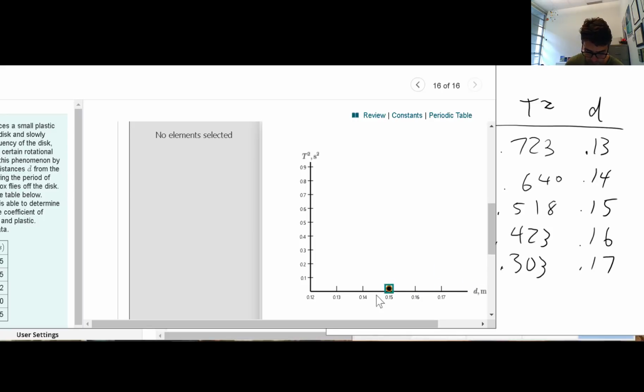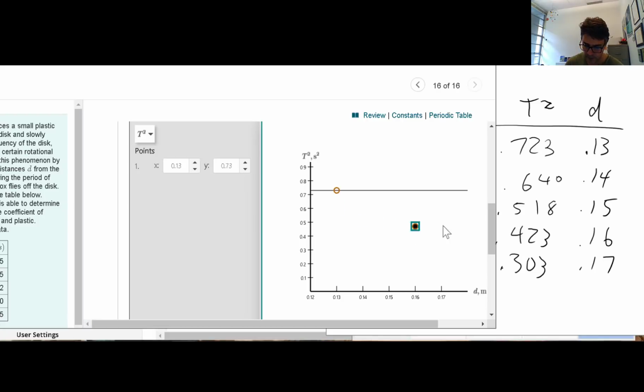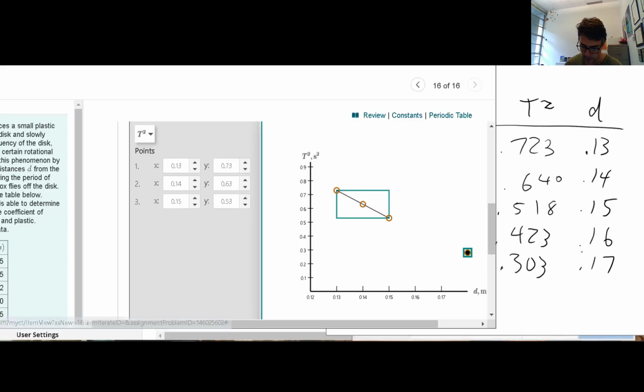So the first one, 0.13, goes up to 0.72, and then 0.14 is 0.64, 0.15 is 0.52, 0.16 is 0.42, and 0.17 is 0.3.